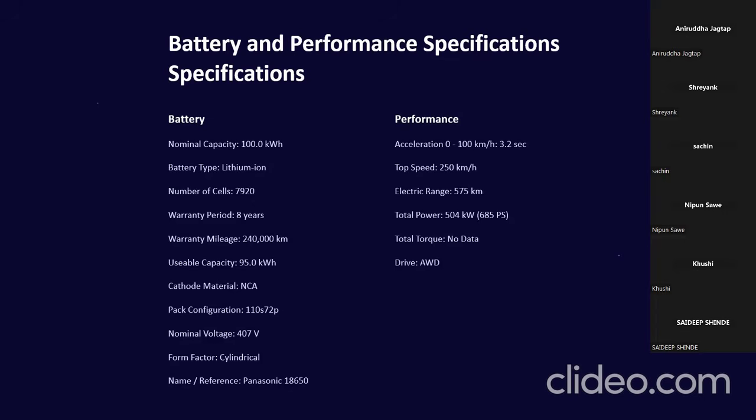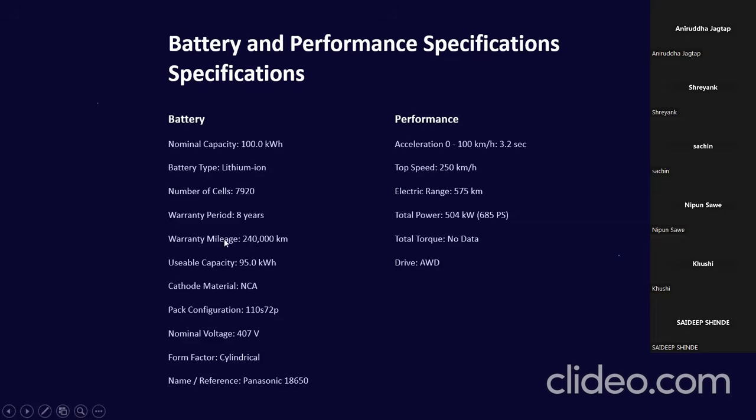The sum of those two values. Okay. So if throughput is high, then obviously the cell's performance will degrade. If your throughput is low, the performance of the cell will be high enough. So to limit that throughput, they are allowing only 95 kilowatt hour out of this 100 kilowatt hour.